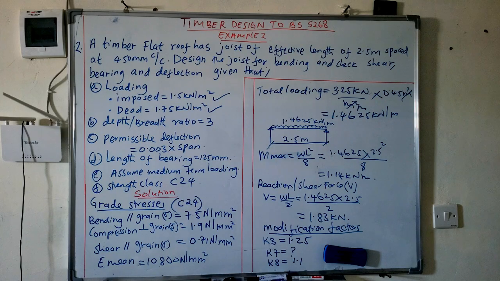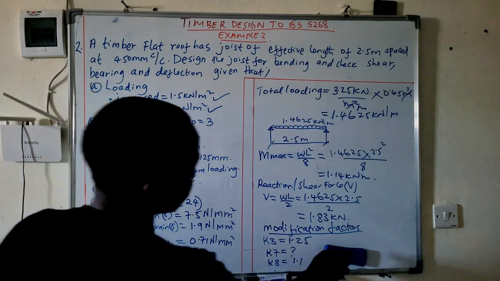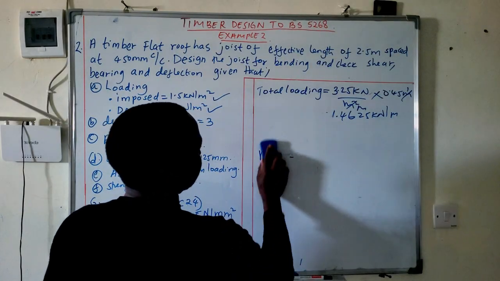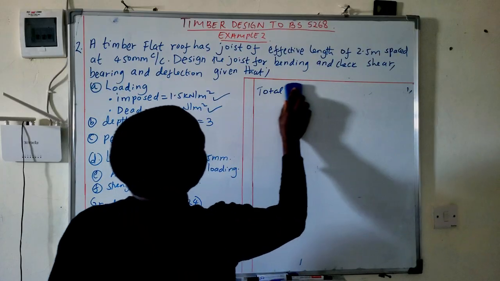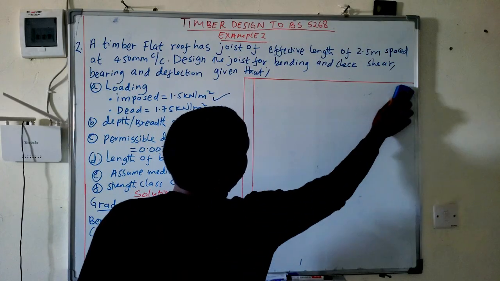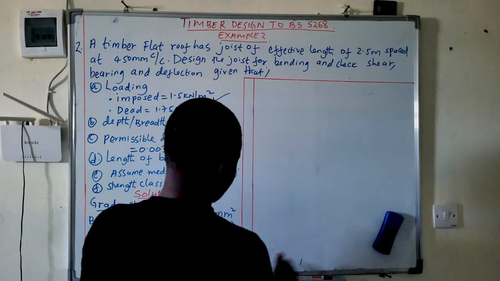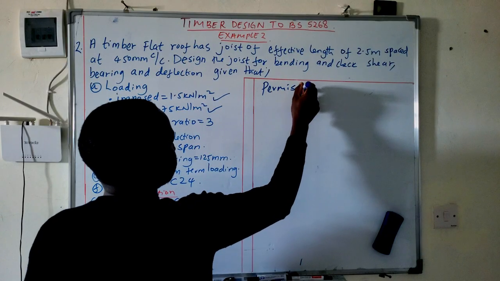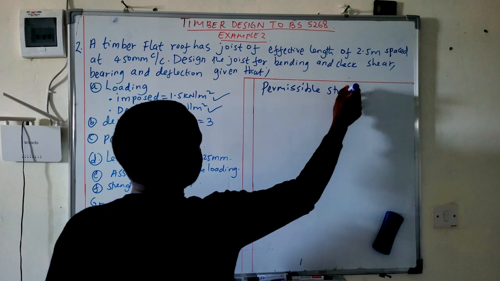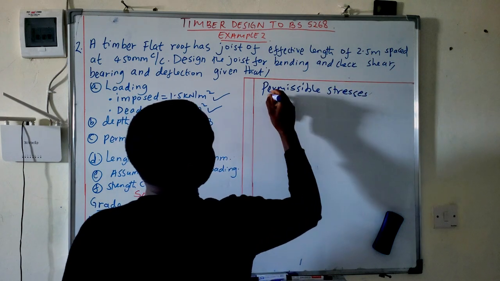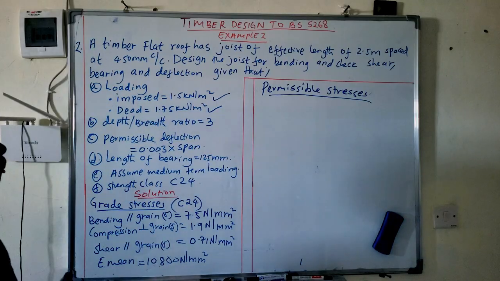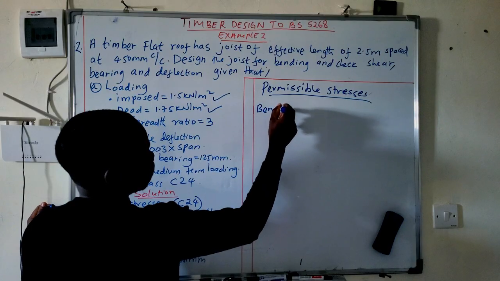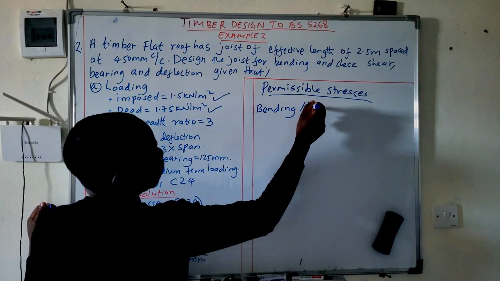So now we go to permissible stresses. So let me create space here for more calculation. So permissible stresses. We will begin by bending parallel to grain.